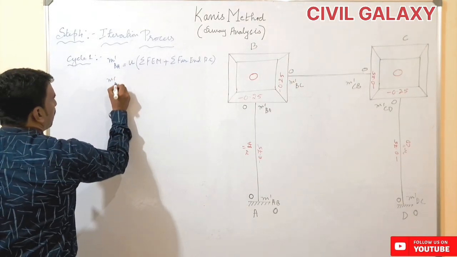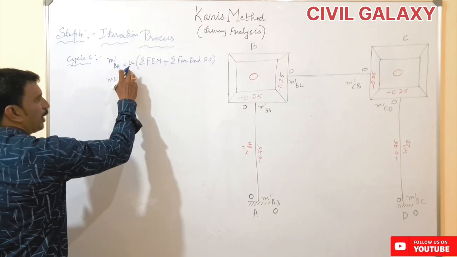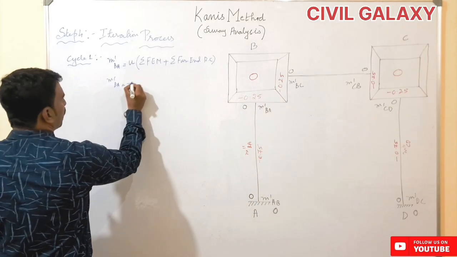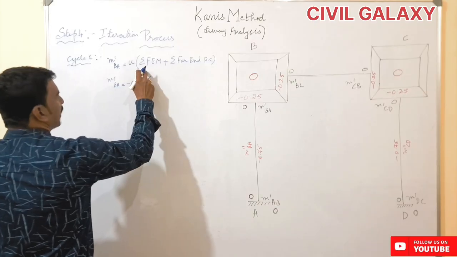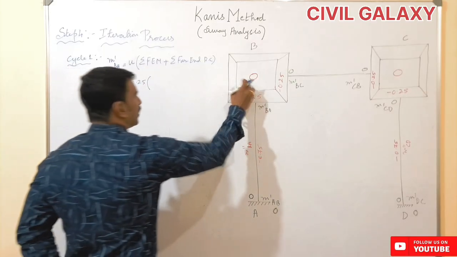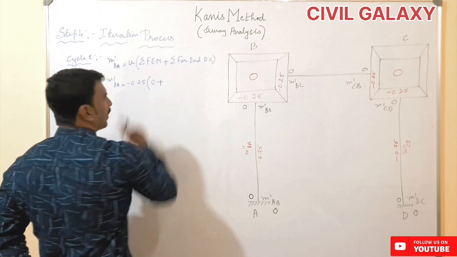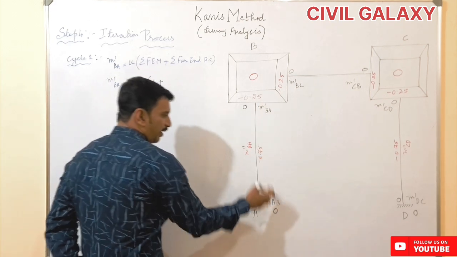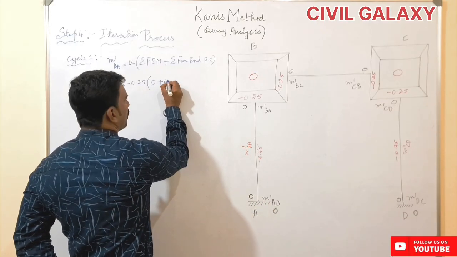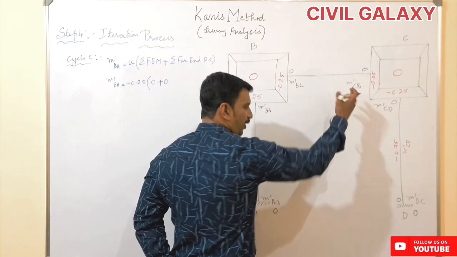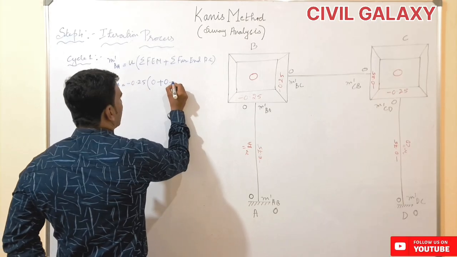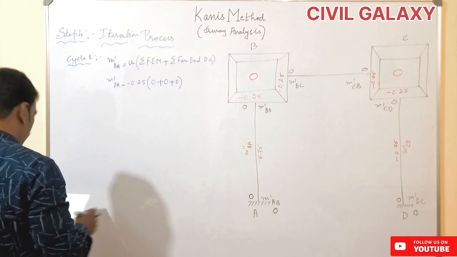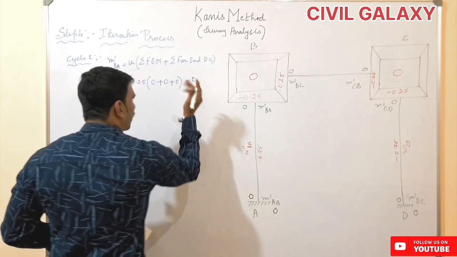So m dash BA, here it will be equal to, what is the value of U here? The value of U for BA we have taken, that is minus 0.25. Summation of fixed end moment here is 0, plus summation of far end rotation contributions. So for B to A, the far end is m dash AB, which is 0, and here m dash CB, we don't know the value for the first cycle, so we will take it as 0 over here. So we are getting a value of 0 for the first one.